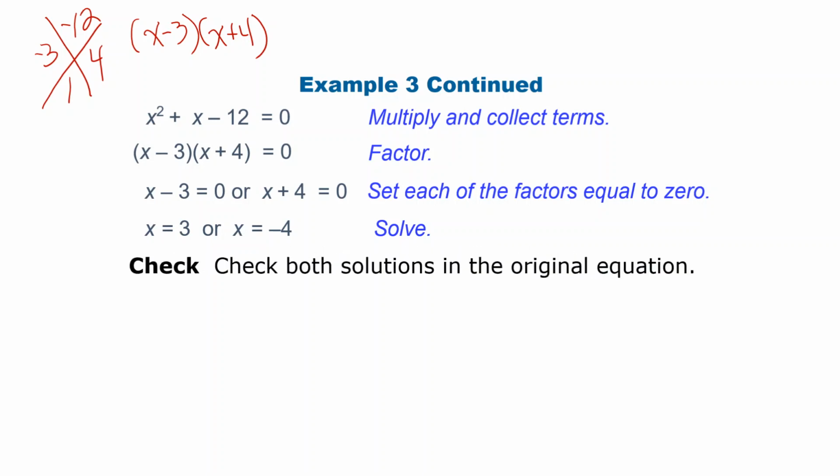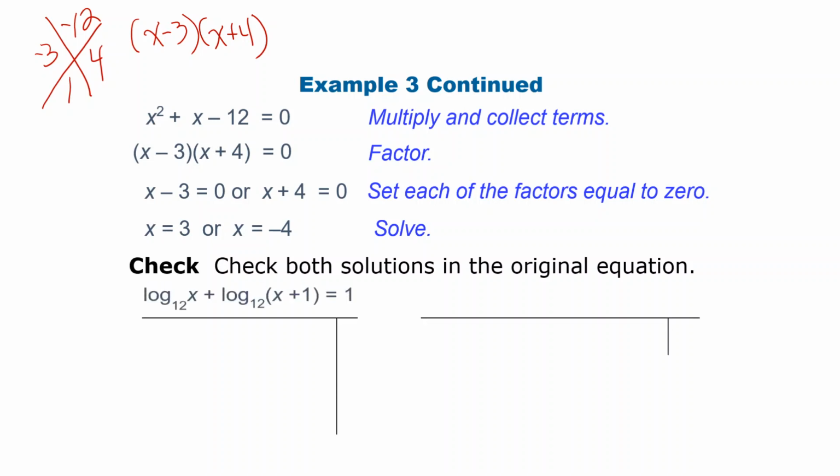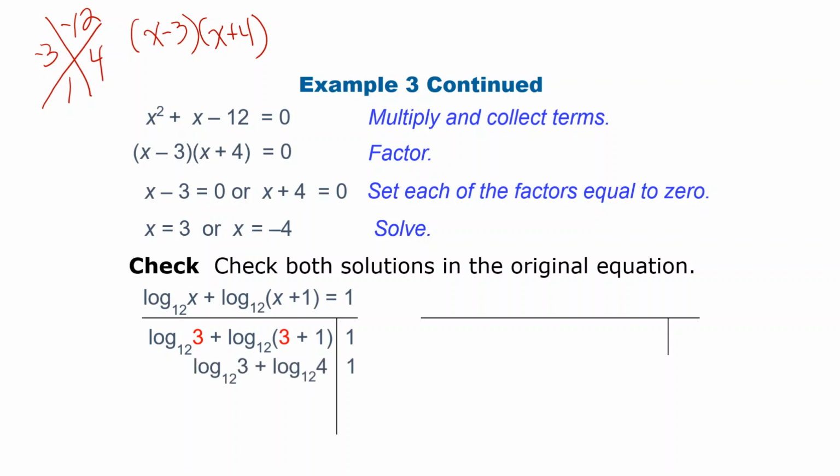So it's really, really important that you check both solutions to make sure that both of them are truly solutions, because sometimes they're not. So let's check out 3 first. Here's our first equation, and we're going to fill in 3 for x. And when I do that, I end up with log base 12 of 3 plus log base 12 of 4.